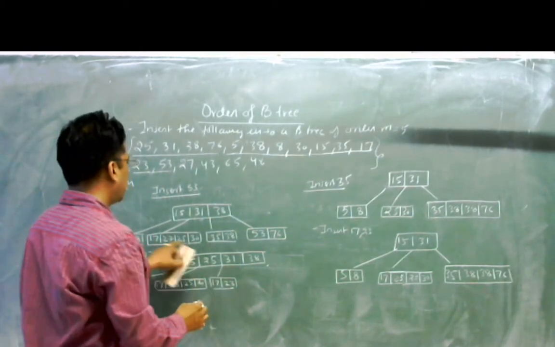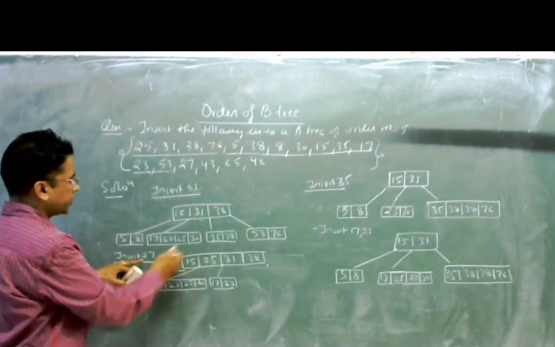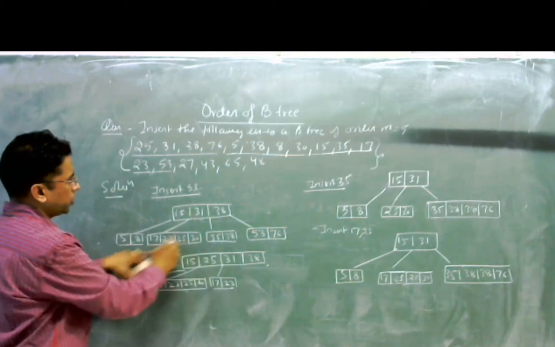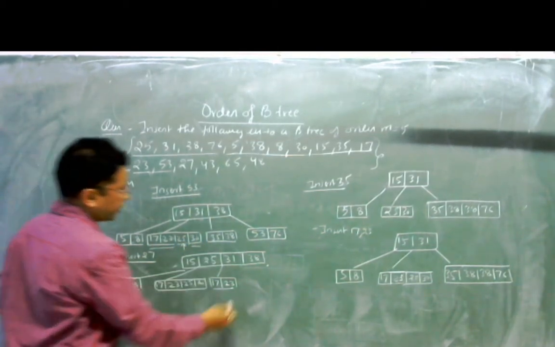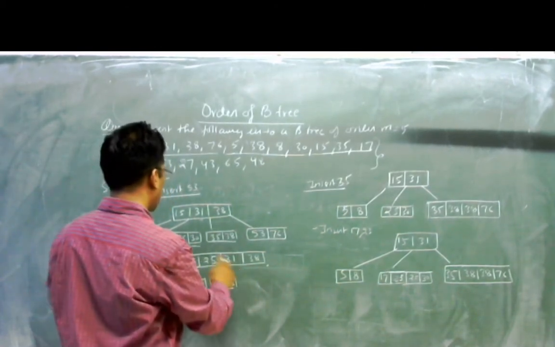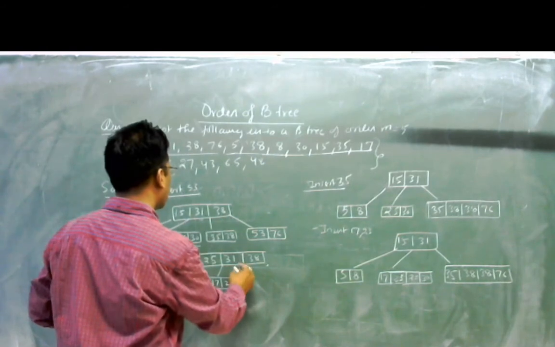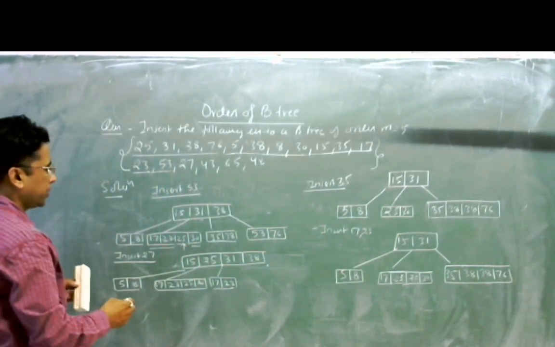Here the 27 was at this position, so 25 goes upward, and 27 and 30 on the right hand side.